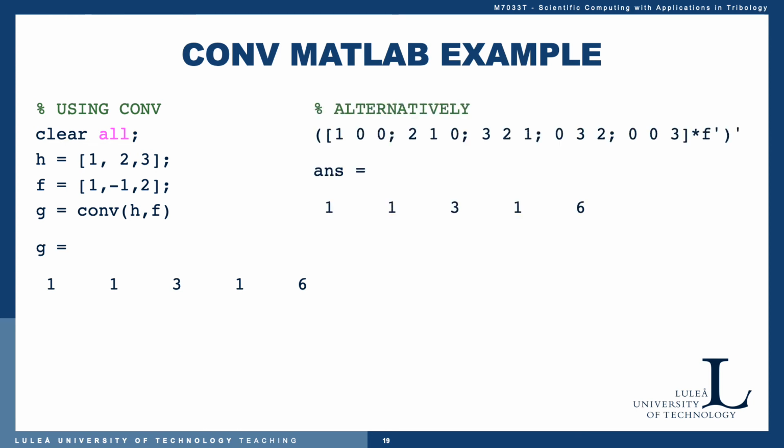Alternatively, I could have defined the 5 by 3 matrix just by circulating that h row, that row of values of h, and I can then multiply with f prime. I take the transpose, and here I don't bother about the conjugate, so just the transpose, and then transpose it again to get a row vector, which is of course identical to what we got from the built-in function conv.